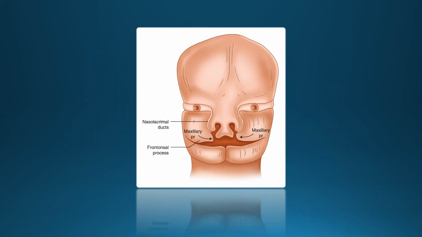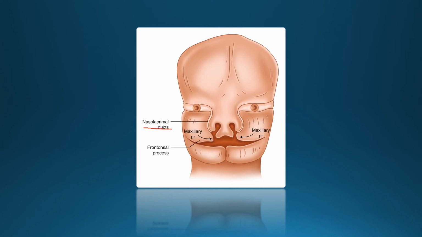Here we can see clearly the maxillary process. Its superficial part joins the frontonasal process, whereas we can see a deep canalized structure between them, which is nothing but the nasolacrimal duct.